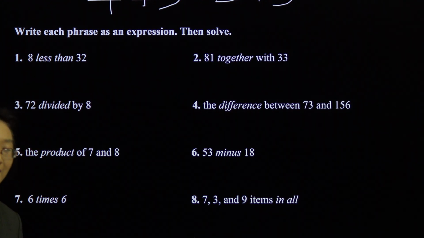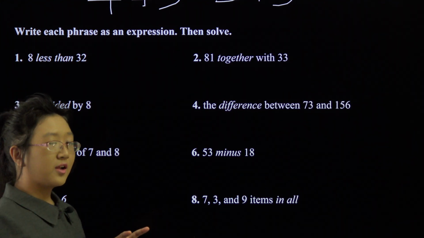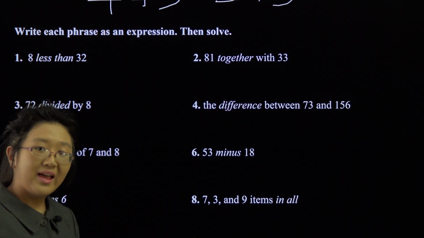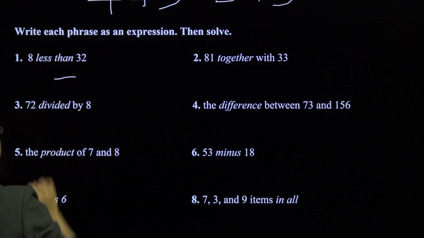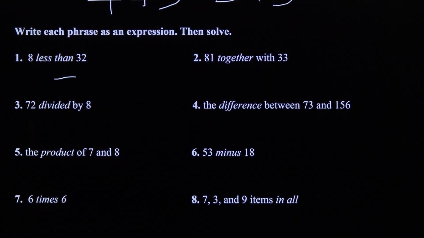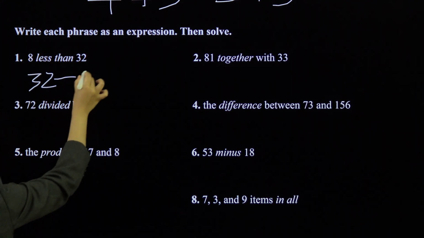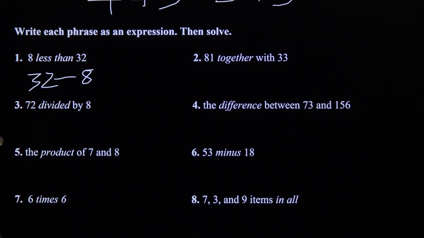Write each phrase as an expression, then solve. 8 less than 32. The moment you hear the words or see the words less than, it's subtraction. 8 less than 32. That's 32 minus 8. Why not 8 minus 32?